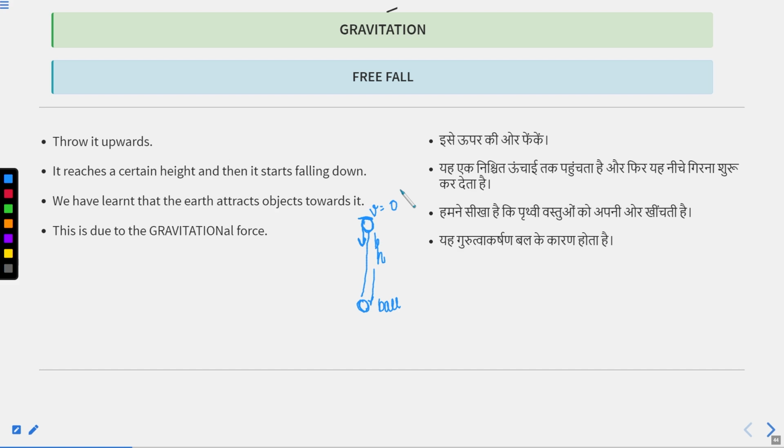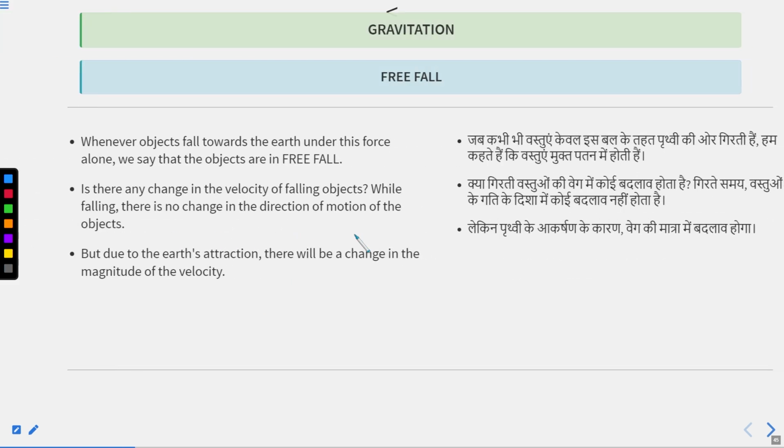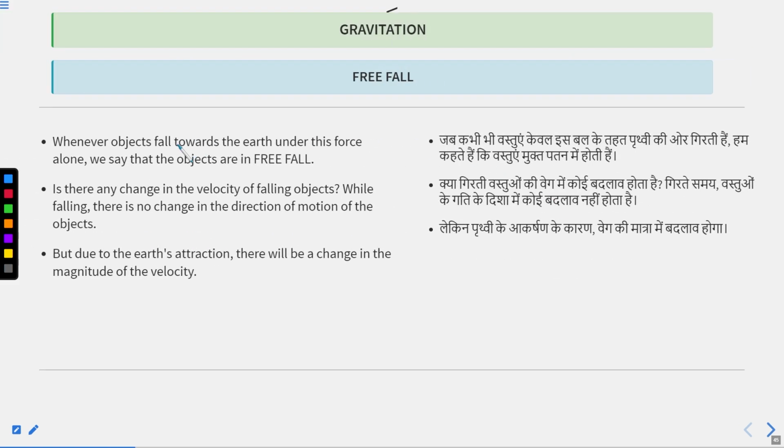There is only one force, that is gravitational force. So this ball is only attracted by the gravitational force. Whenever any object falls towards the earth under the influence of gravitational force and no other force, then that object is said to be free falling.